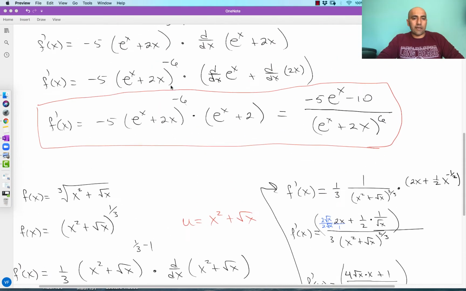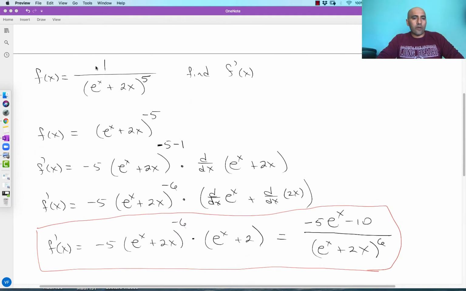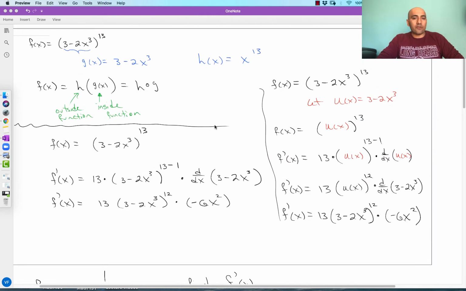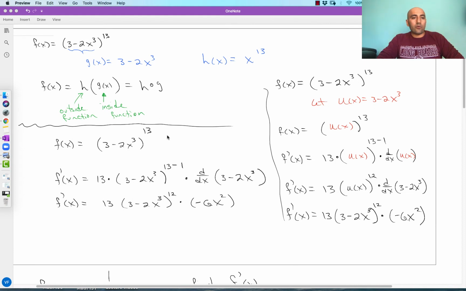In the previous example, we started off with this, and we were able to rewrite it as something raised to the power of -5. Okay, and then we were able to find our answer that way. And then in the example prior to that, we started off with something raised to the power of 13.